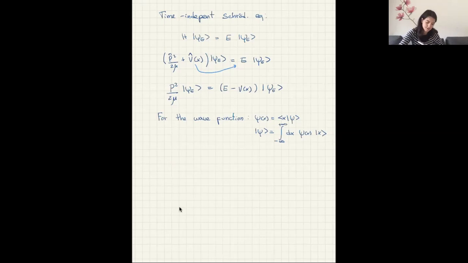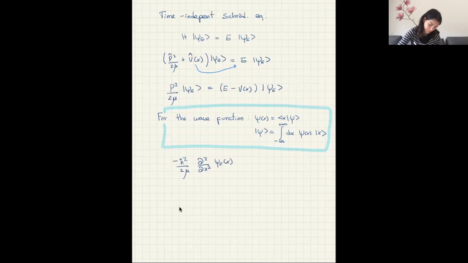And we saw how p acts on this, so we can write it as, let me just put a box around here. Good. So then p squared acts as minus i h bar and the derivative in x. So we get minus h bar squared over 2 mu d squared dx squared of phi_E of x equals, and now this is really just E minus V of x.